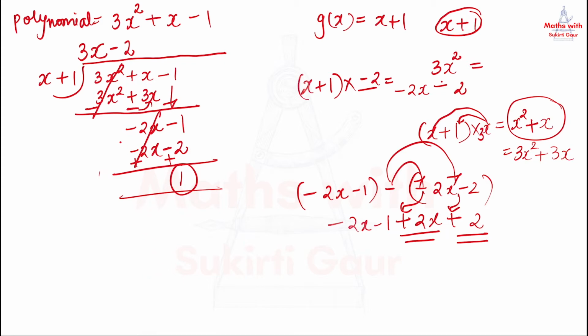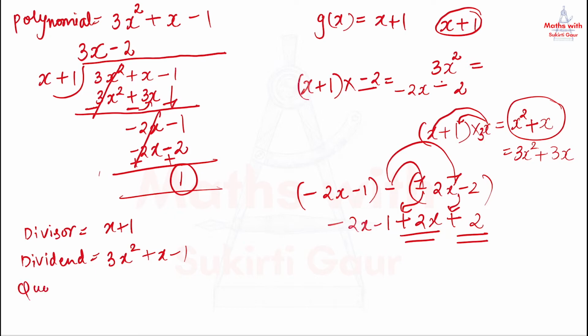It means now there is no term left in the remainder which has x. So we can't continue our division. We have to stop here. It means our divisor was x plus 1. Our dividend was 3x square plus x minus 1.